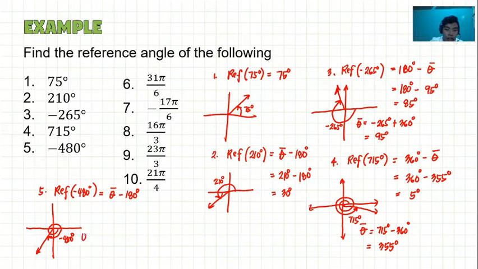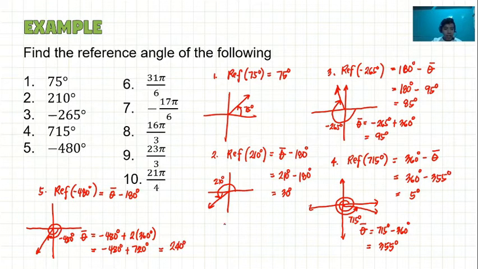So therefore, theta bar now will be equal to negative 480 degrees plus 2 times 360 degrees, right? So this will now be equal to negative 480 degrees plus 720 degrees. And this is now equal to 240 degrees.